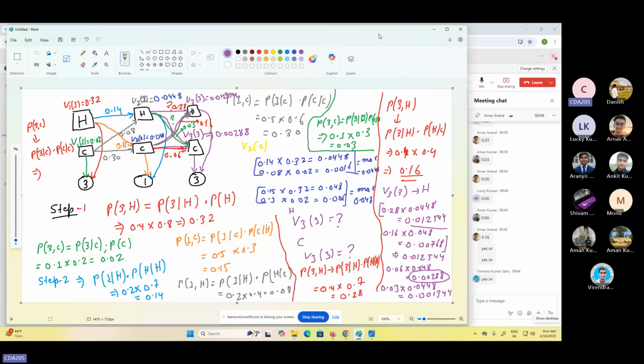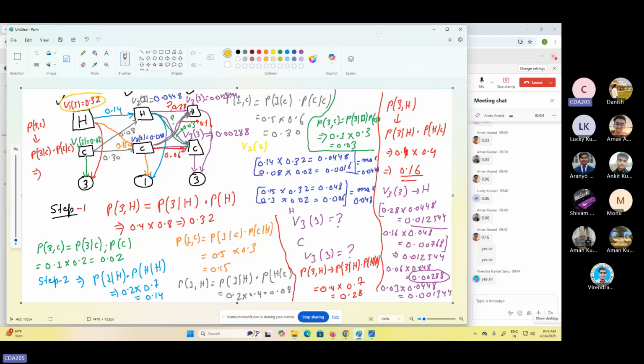So we have calculated V1, V2 and V3. Now on the first stage you can check which V1 is higher, for H or C. It is 0.32, it is 0.02. So we can say that H is higher. Now on the second stage, which one is high? 0.44 and 0.048.